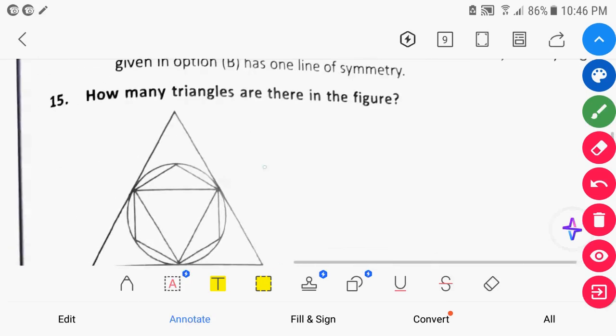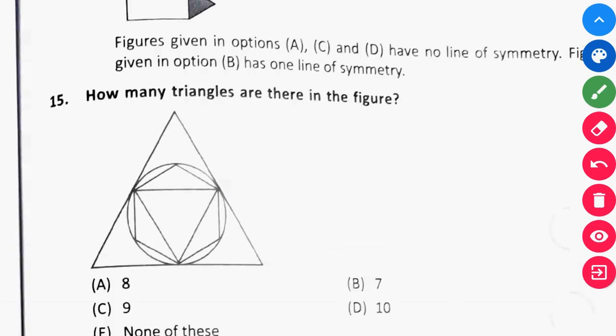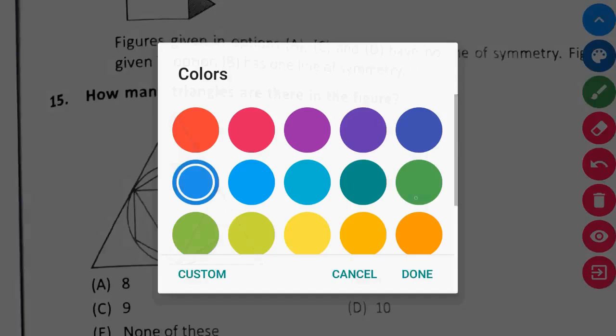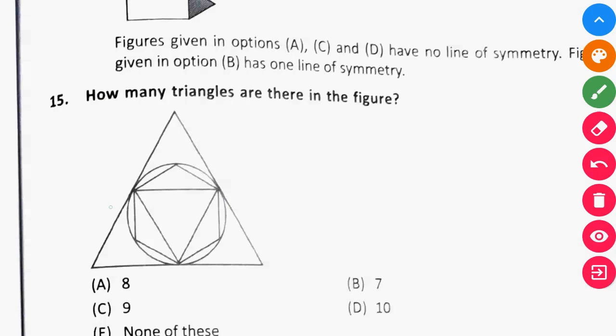Now see how many triangles are there in the given figure. Always students make mistakes in calculating the triangles in the figure. So calculate it very carefully, so you will not be wrong. So first is the bigger triangle, 1. Okay.